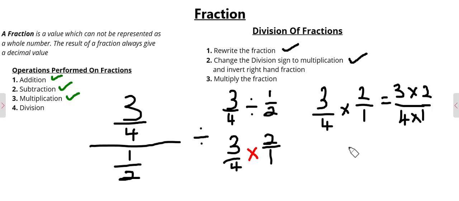So this is our simple arithmetic. So 3 times 2 is going to give us 6, and 4 times 1 is going to give us what? 4. Now this is the answer, but we can still divide further because 6 and 4 have a common factor.